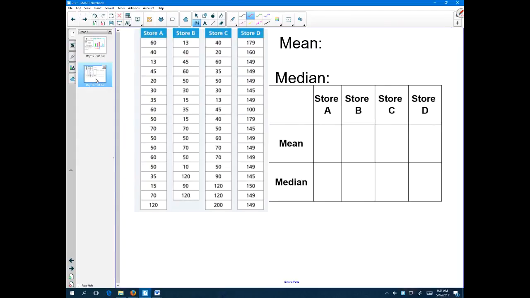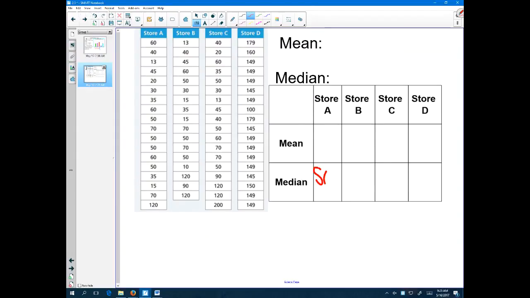So once you put them in order, what did you get for the median? Richard, what did you get for the median for store A when you put them all in order? What was the middle number? 50. Very good. So that was the median.